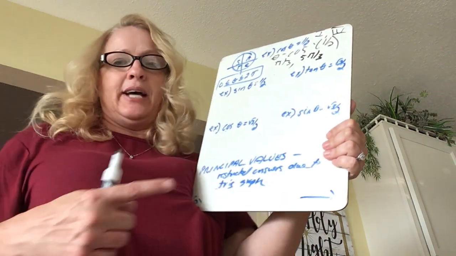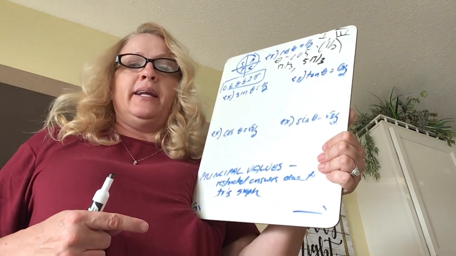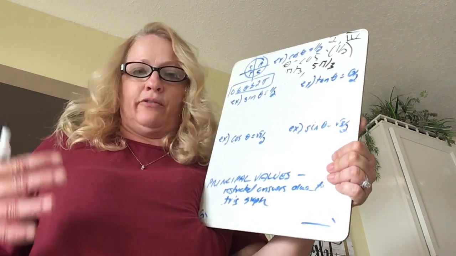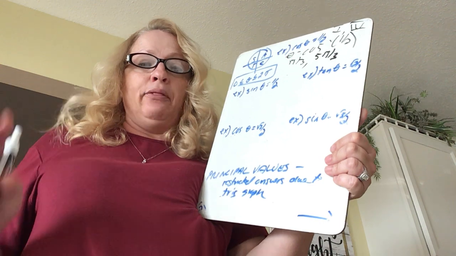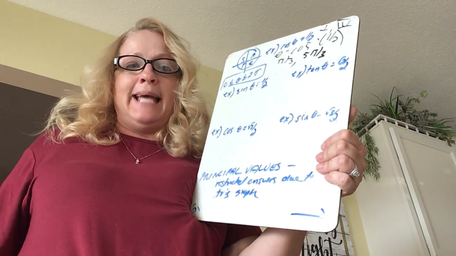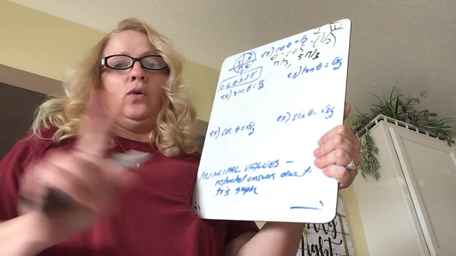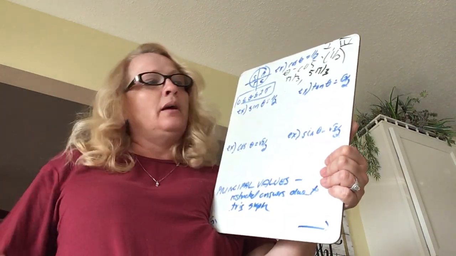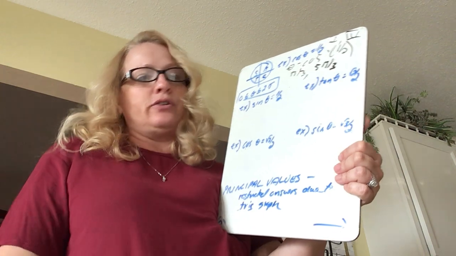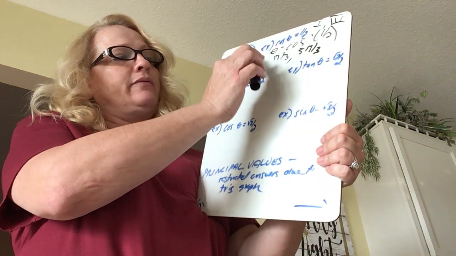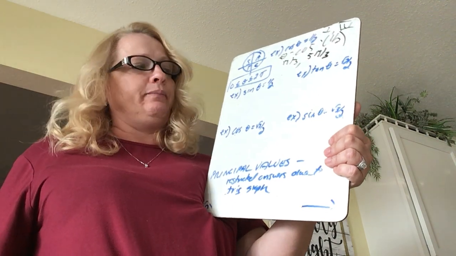Well, that is another topic that we're going to talk about, but it is based on principal values and on the inverse graph. So, not throwing too much at you in one day, we will talk tomorrow about why the calculator only gave me an answer in quadrant 1, but we know we actually have 2 answers, one from quadrant 1 and one from quadrant 4, because cosine's positive in quadrant 1 and quadrant 4.